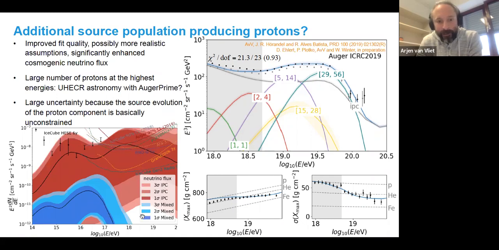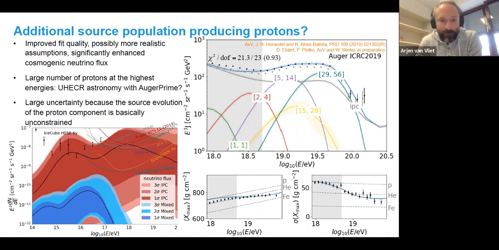And if you now look at the neutrinos that come out of such a scenario, then you basically cover this entire band here. This is so large because the source evolution with redshift is basically unconstrained. Ultra-high-energy cosmic ray measurements cannot say much about source evolution with redshift, because all the ultra-high-energy cosmic ray sources are relatively nearby. Because of all the energy losses that happen in between the sources and Earth, the ultra-high-energy cosmic rays themselves cannot come from too far away.